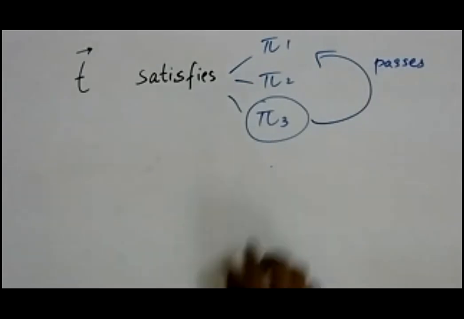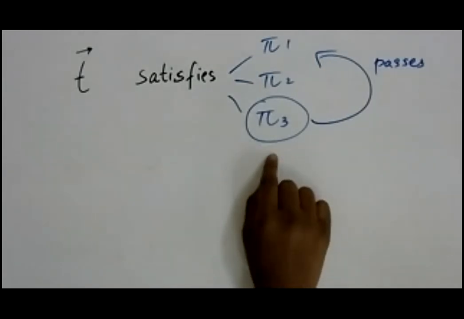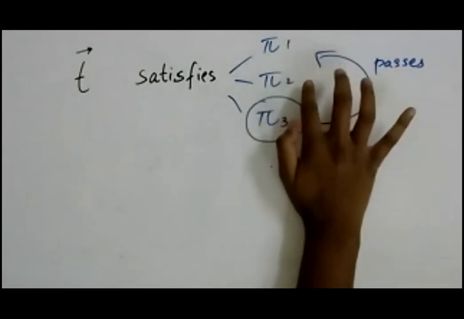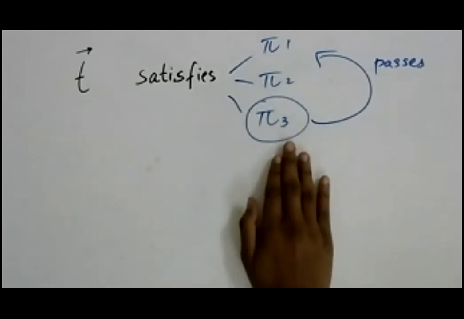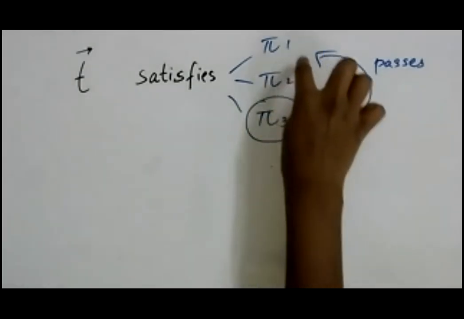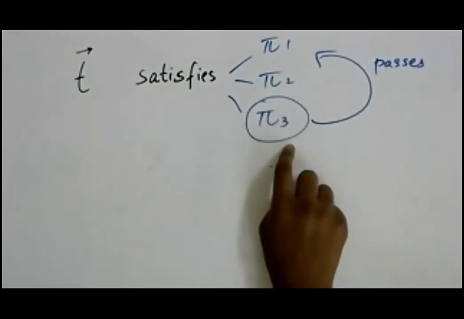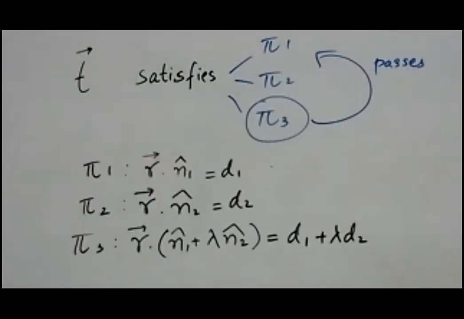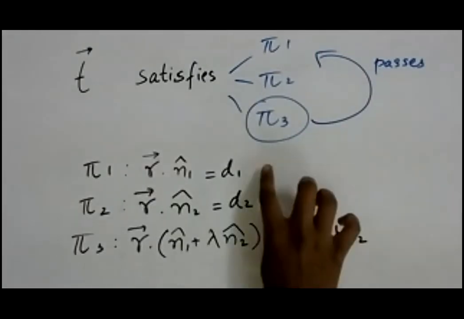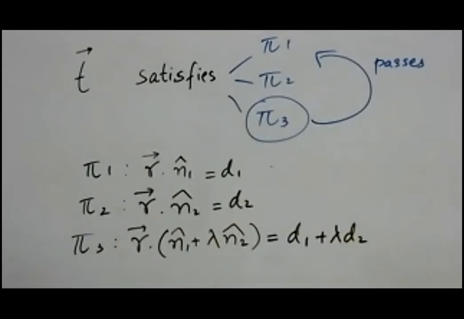So the equation which we have obtained for pi3, by adding the equation of pi1 and lambda times pi2, is the equation of a plane passing through the line of intersection of these two planes. The t vector satisfied the equation of pi1, r vector dotted with n1 hat equal to d1, and the second plane, r vector dotted with n2 hat equal to d2.